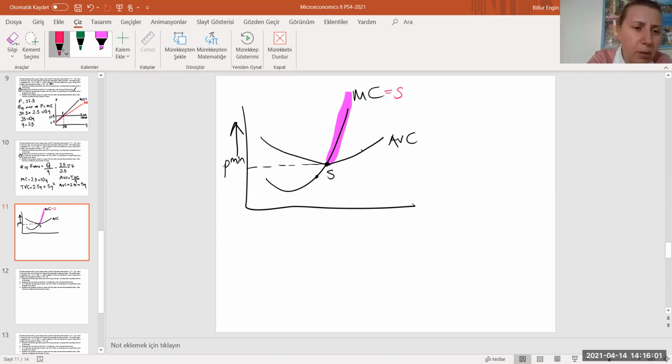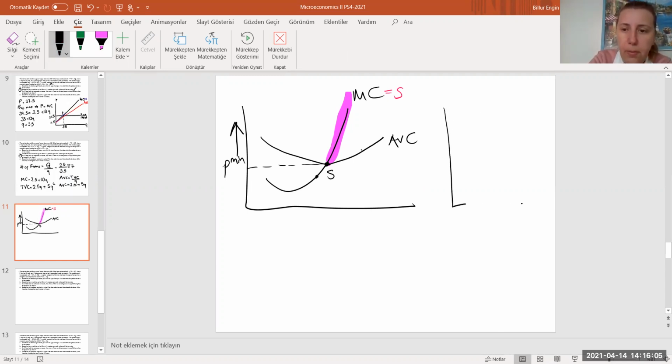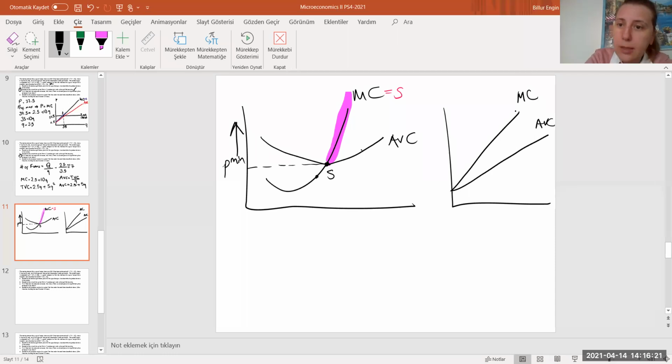But if we are talking about the linear case, marginal cost is positively sloped here in our example, and the average variable cost is also positively sloped and lies below the marginal cost. So the marginal cost is always above the average variable cost, here in our example, 2.5, not only a minimum acceptable price.